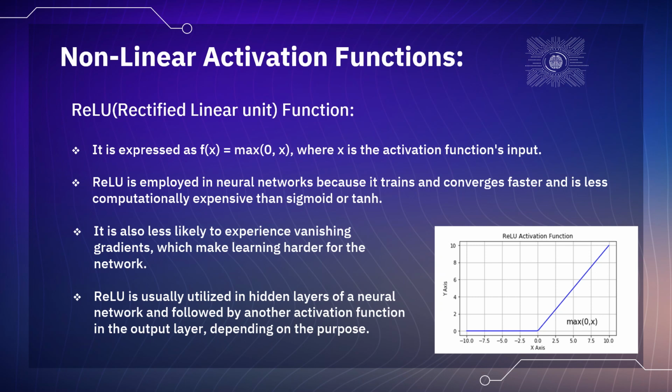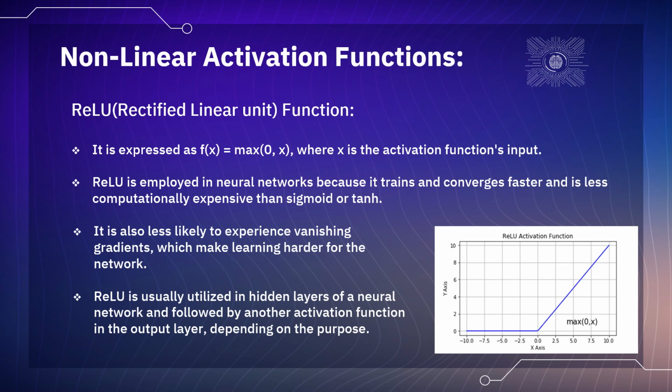Rectified linear unit in neural networks is used because it allows for faster training and convergence, and it is less computationally expensive compared to other activation functions like tanh or sigmoid.